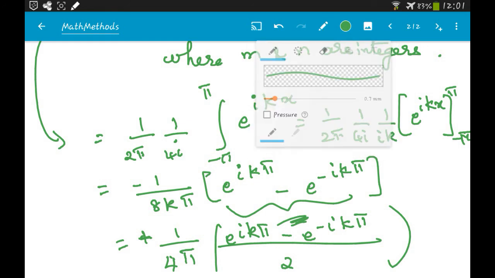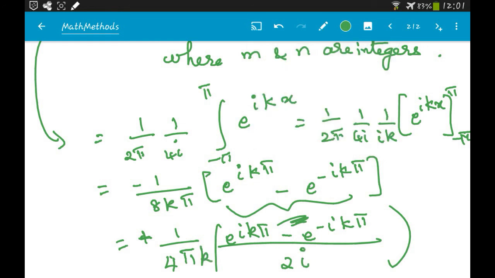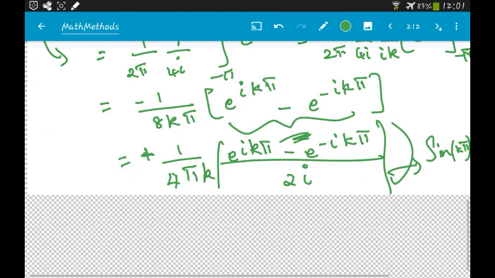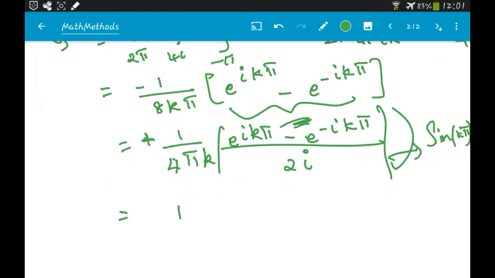This term represents your sin k pi, right? So this is nothing but 1 by 4 pi k sin k pi.